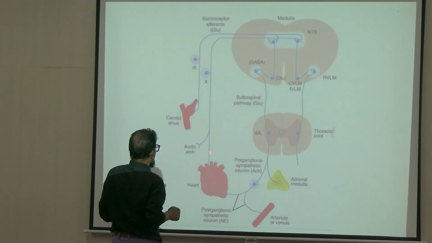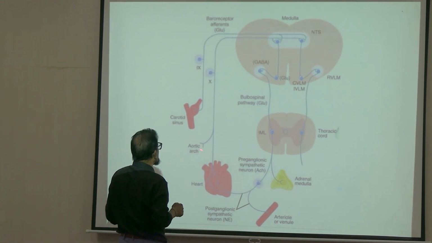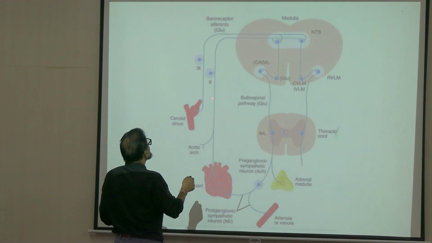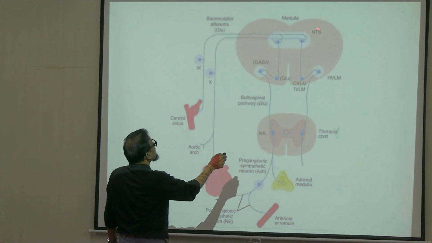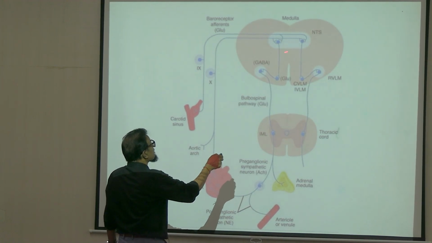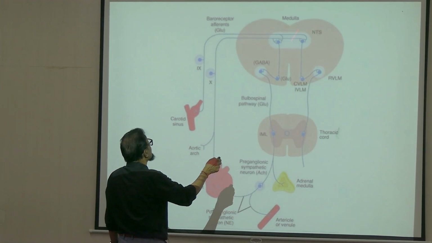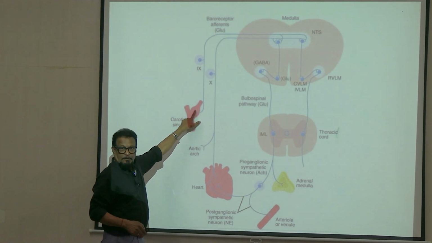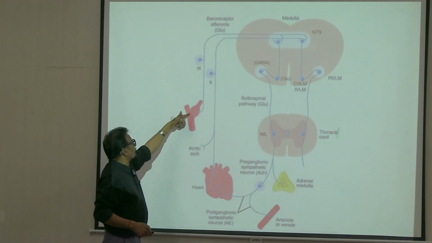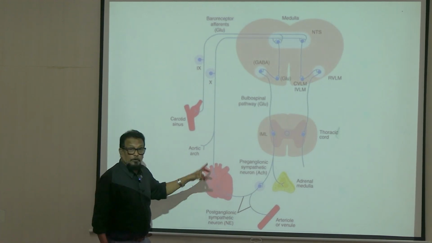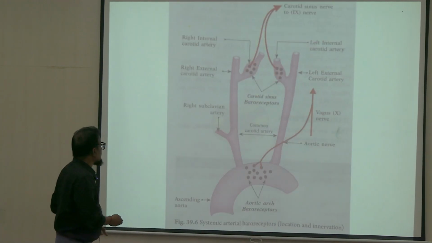So the aortic nerve from the aortic arch baroreceptors comes via the 10th cranial nerve into the nucleus tractus solitarius. This is the sensory area of the vasomotor center. Similarly, for the baroreceptors present in the carotid sinus, what is the nerve route? Write down: from the aortic arch, the aortic nerve.